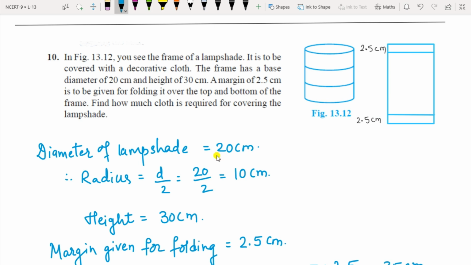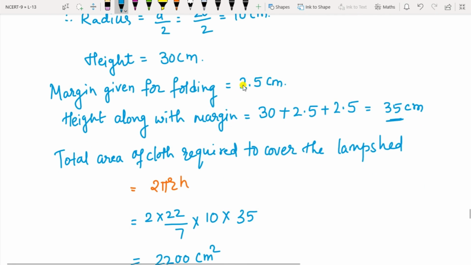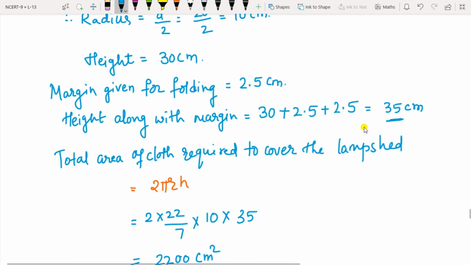So the diameter of the lampshade is 20, so radius will be 10, height is 30 given here, and the margin given for folding is 2.5. So total height along with the margin: 30 plus 2.5 plus 2.5. So total height becomes 35 centimeter.